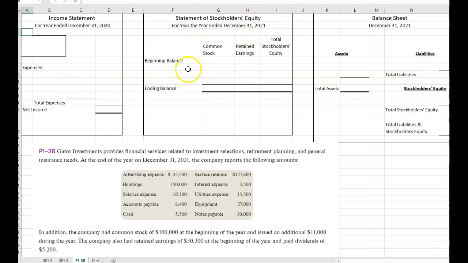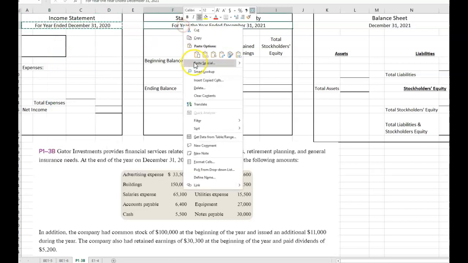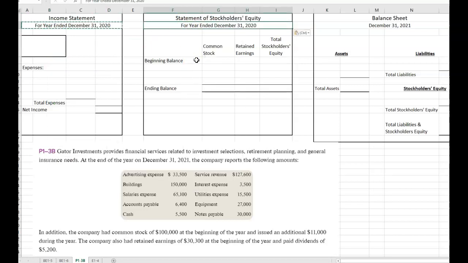The statement of stockholders' equity, the same period as the year as for the income statement. And I obviously made the same mistake over here. So the statement of stockholders' equity is for the year ended December 31st, 2020. Everything that happened to these 2 accounts during that year.